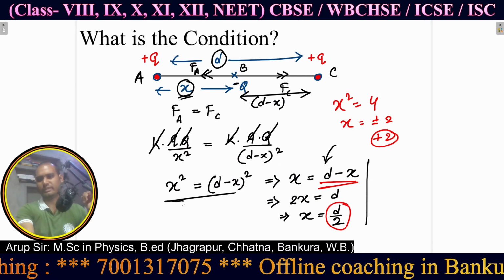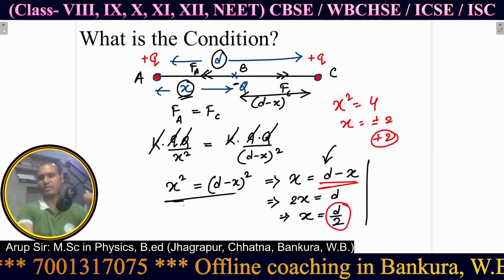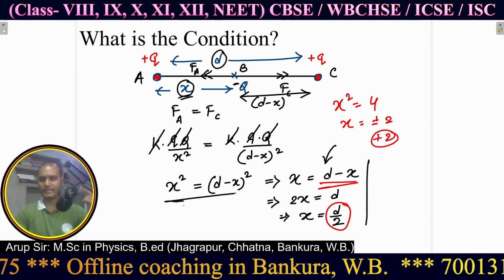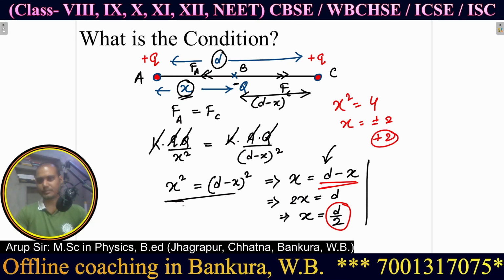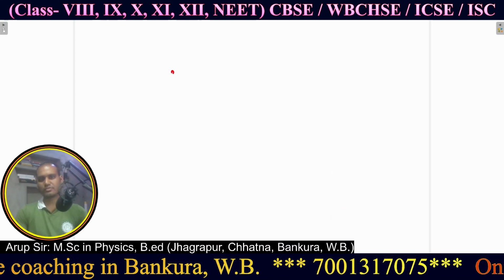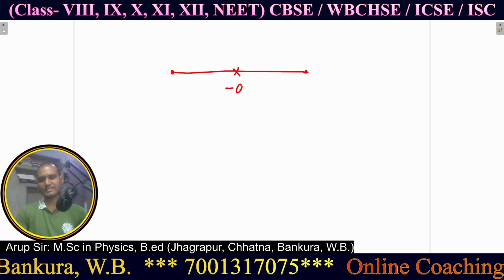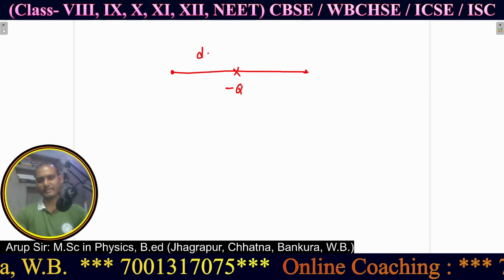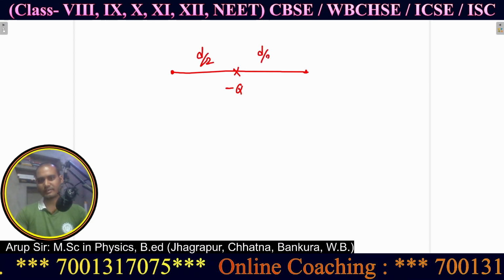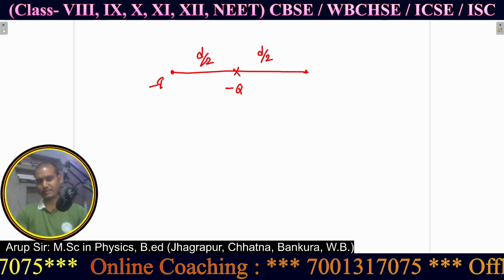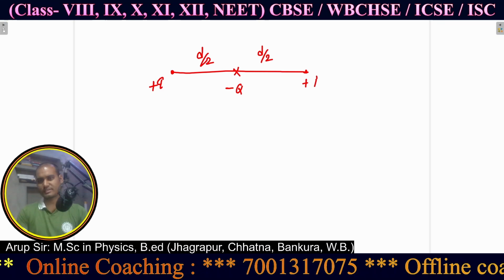Is the value equal to small q or another value? So we need the value of capital Q in terms of small q. Let me calculate for this one. It is confirmed that this charge is minus Q and it is placed at half the distance, at the mid position. So this is plus q, this is minus Q, this is plus q.